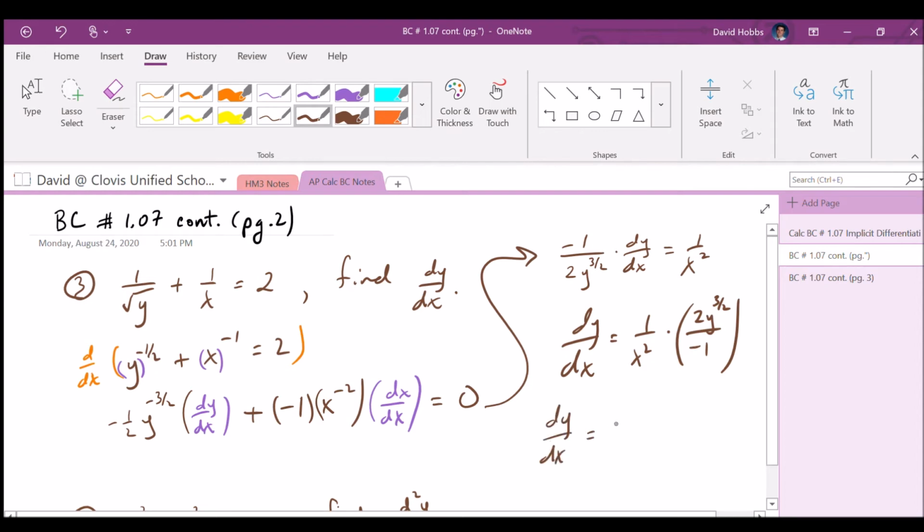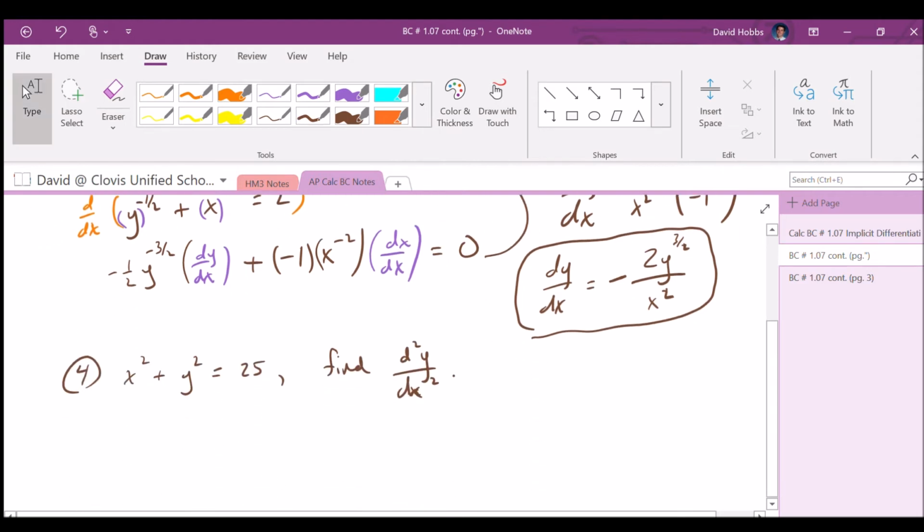Dy dx is negative 2y to the 3/2 over x squared. By the way, don't leave a negative in the denominator. That's bad math grammar. Move it up to the numerator or just out in front. Okay, exponential form, you could write y to the 3/2 as the square root of y cubed as well, but probably just exponential form there. But no negative exponents usually.